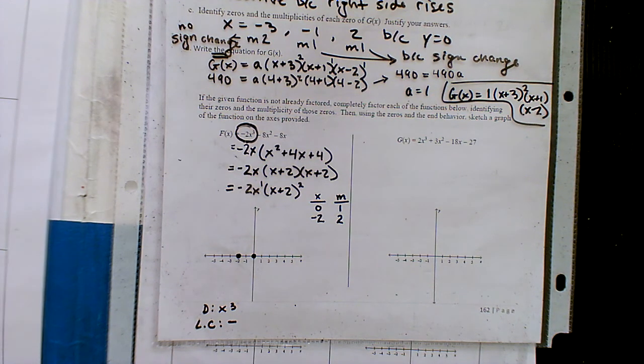Can we determine our end behavior? What's happening on the left and the right hand side? Can we use fall and rise as descriptors? If the leading coefficient is negative, what do we know?